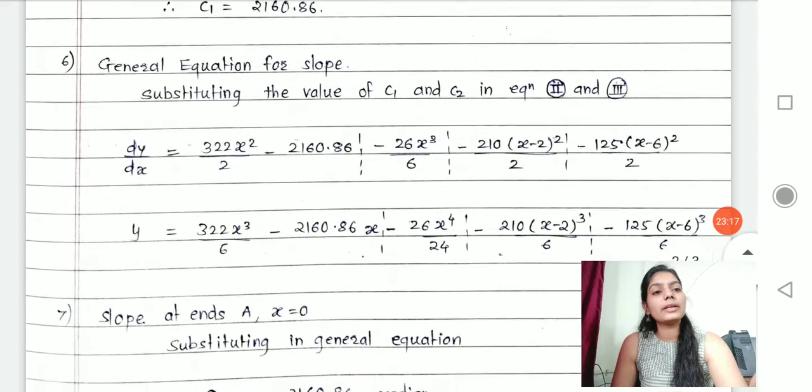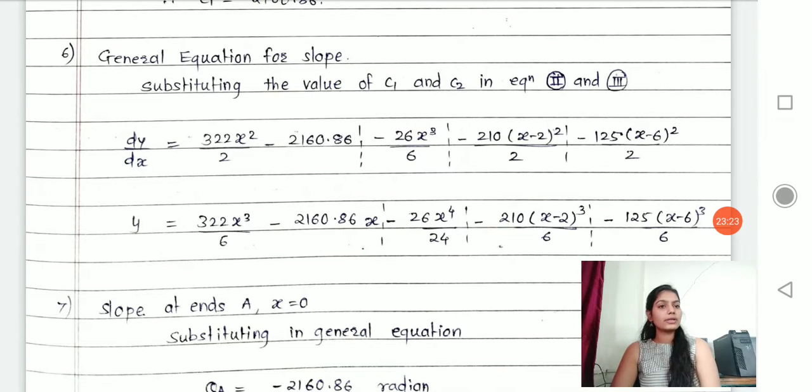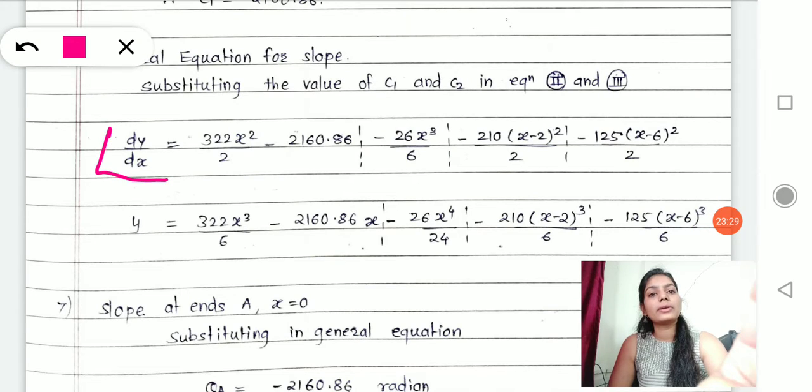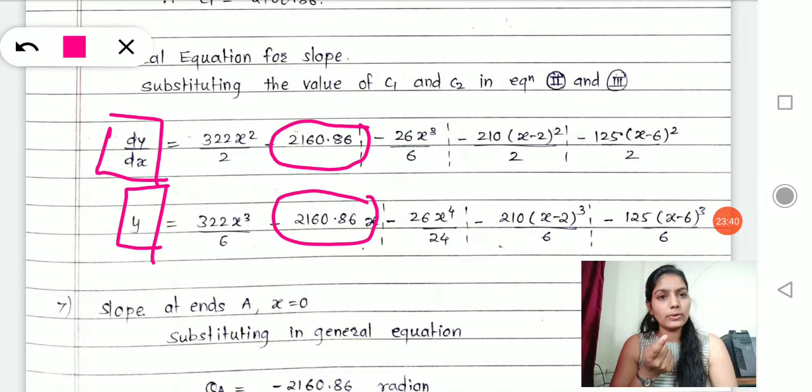Now put these magnitudes of C1 and C2 into your general equations of slope and deflection. That's what I did. See here, this is my slope equation, this is my deflection equation. In the slope equation I have added the constants C2 and C1. C1 is 2160.86 and C2 was 0.